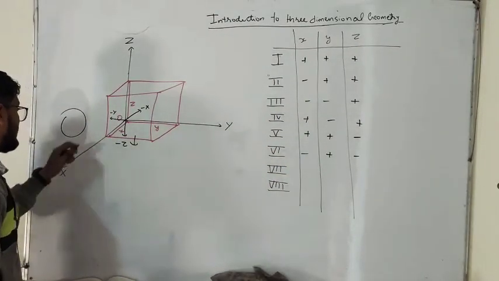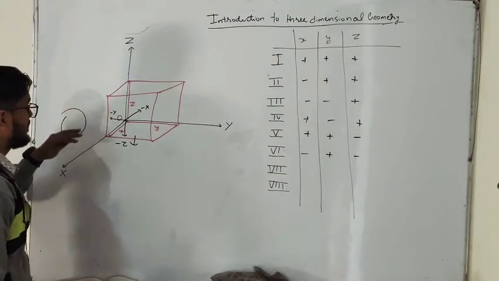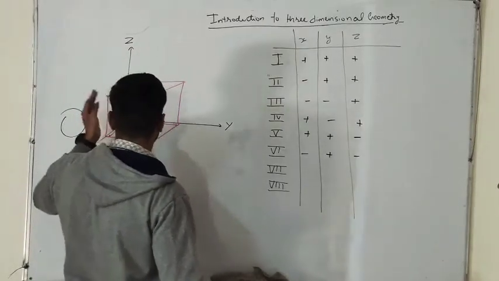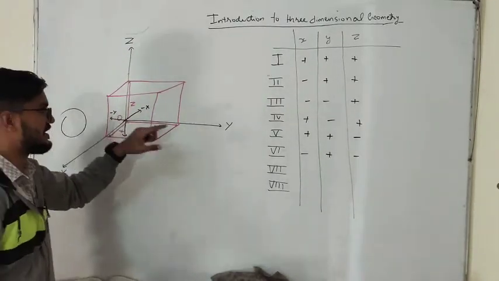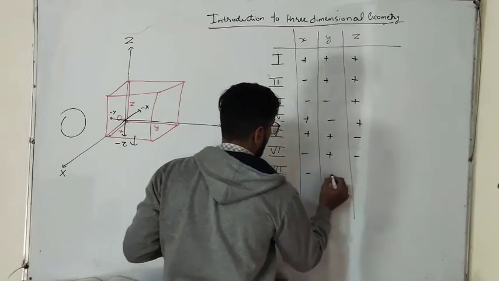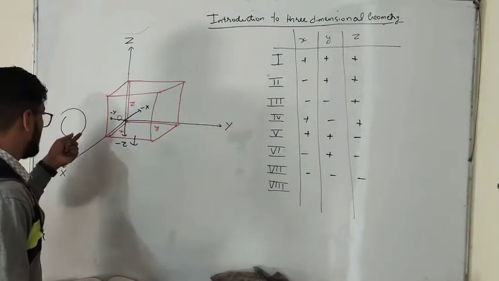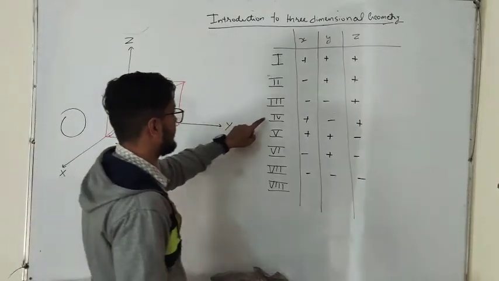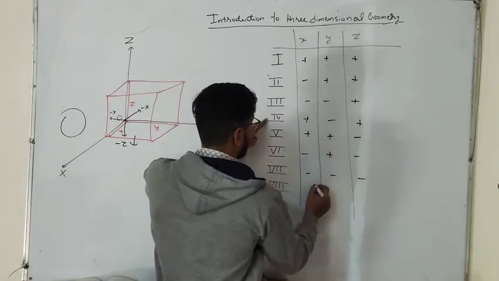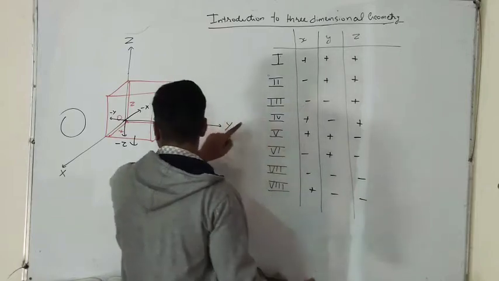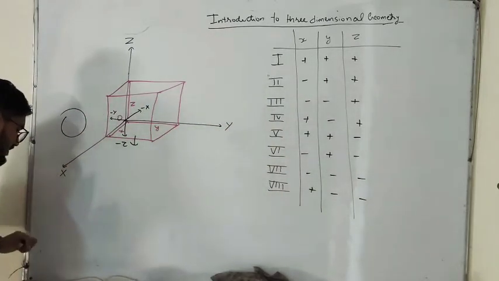Next, seventh one nearby that, so seventh one will be related to third one, just z is negative, so all three of them are negative. Eighth one, opposite to this fourth one, in which z is negative, so positive, negative, negative.